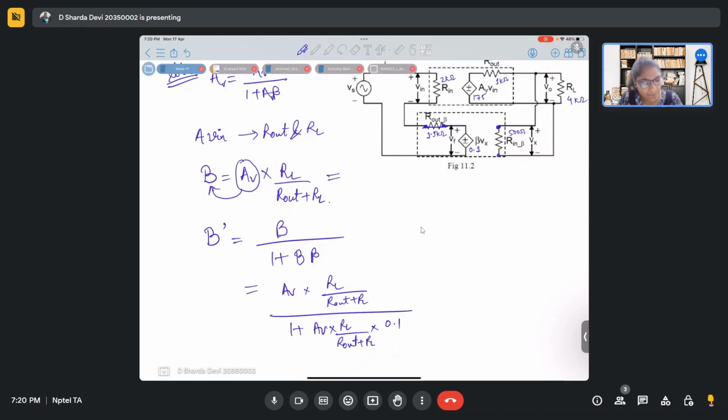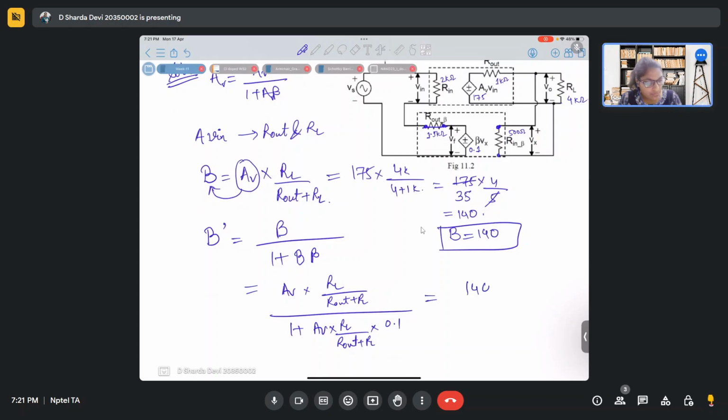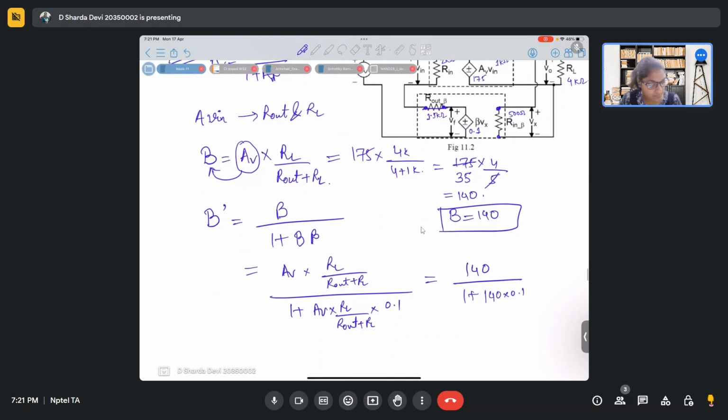So first of all, how much is this factor that we are getting? We need to find this. So 175 into RL is 4K by 4 plus 1K. It is 175 into 4 by 10. So B is actually 140. Now 140 by 1 plus 140 into 0.1, that is 140 by 15.